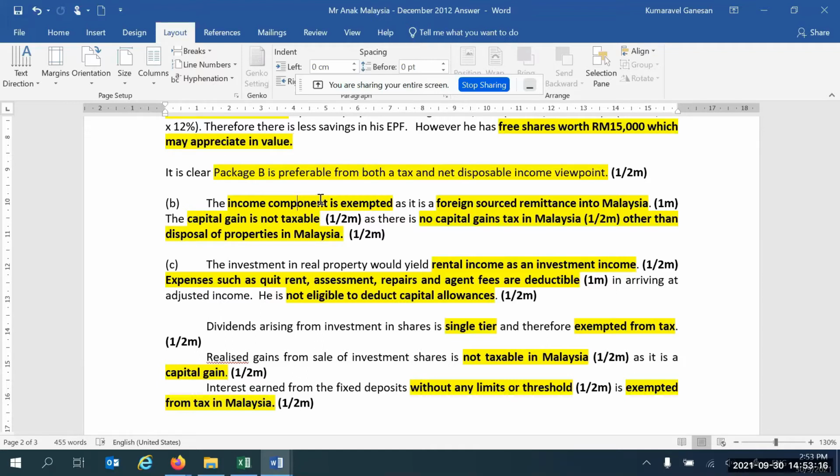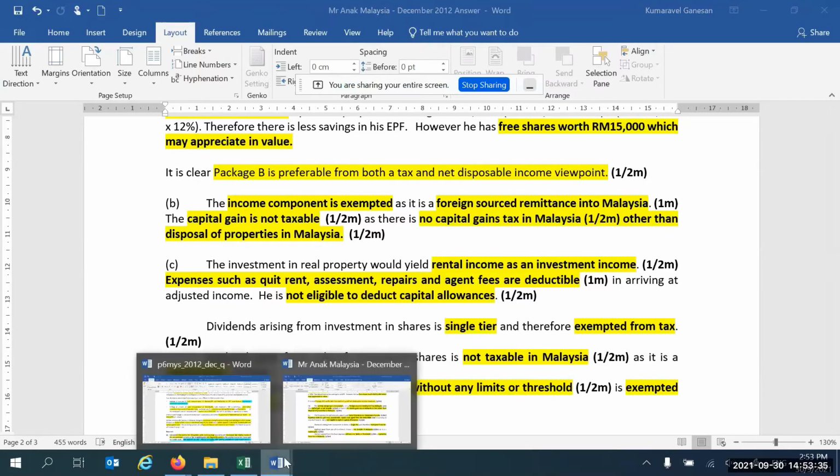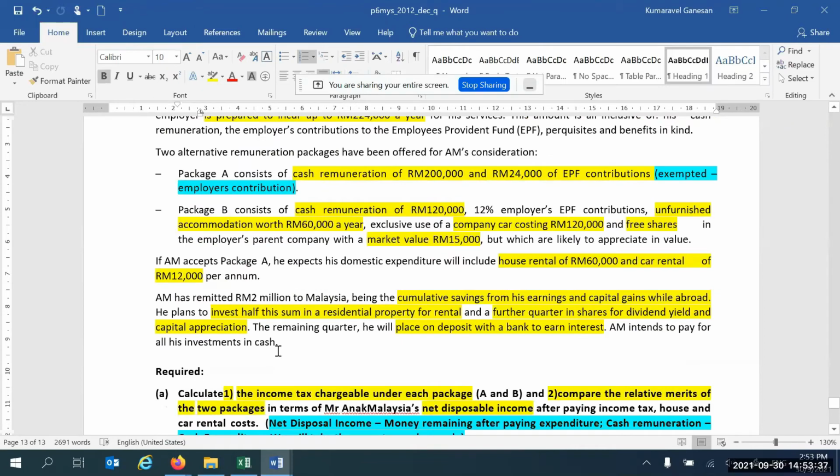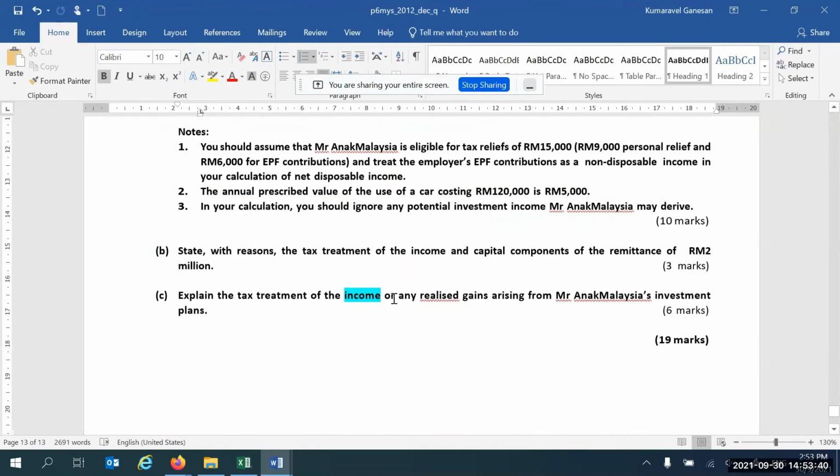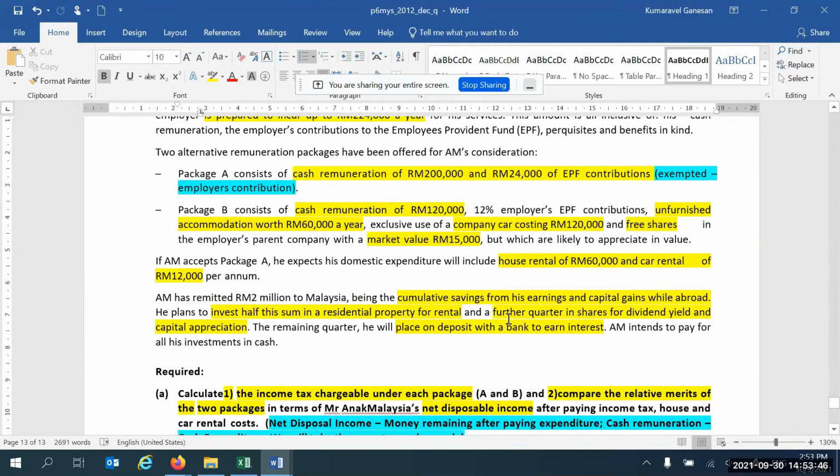Okay, we look at C. Explain tax treatment of the income or any realized gain from investments planned.